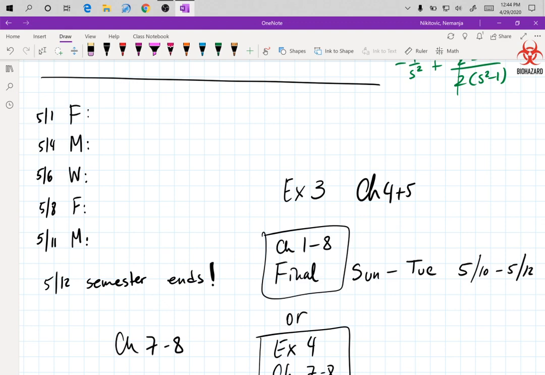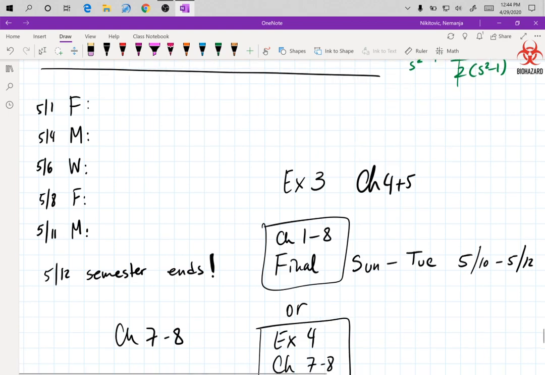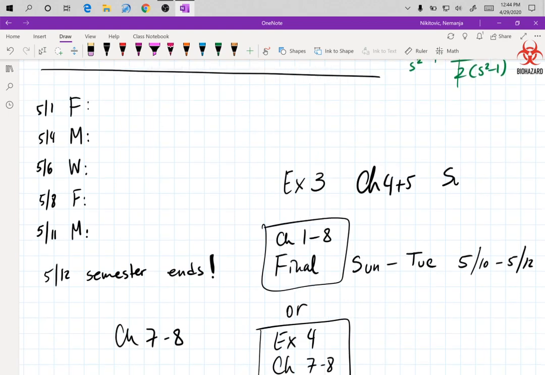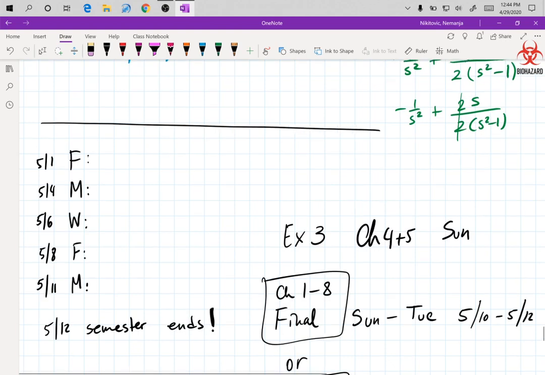And then the next week, Sunday, Tuesday, is the final, right? So let's do Sunday, Tuesday. That's actually spread out. So Sunday, Tuesday, which is 5-3 through 5-5. Okay, that's much better.